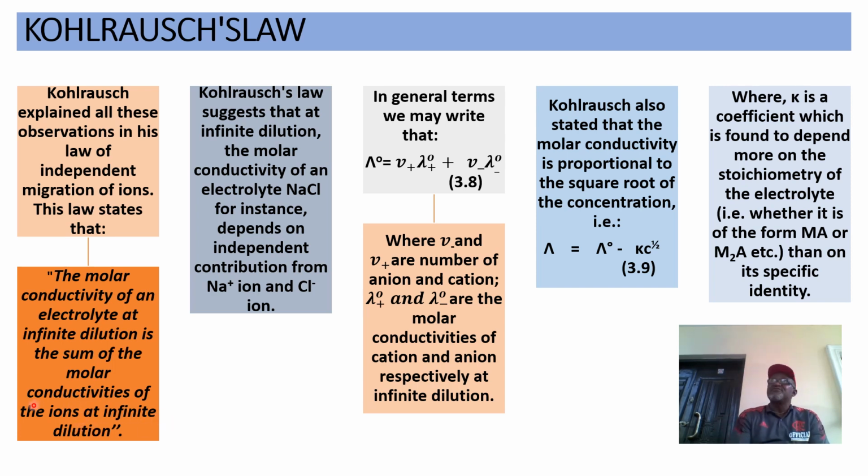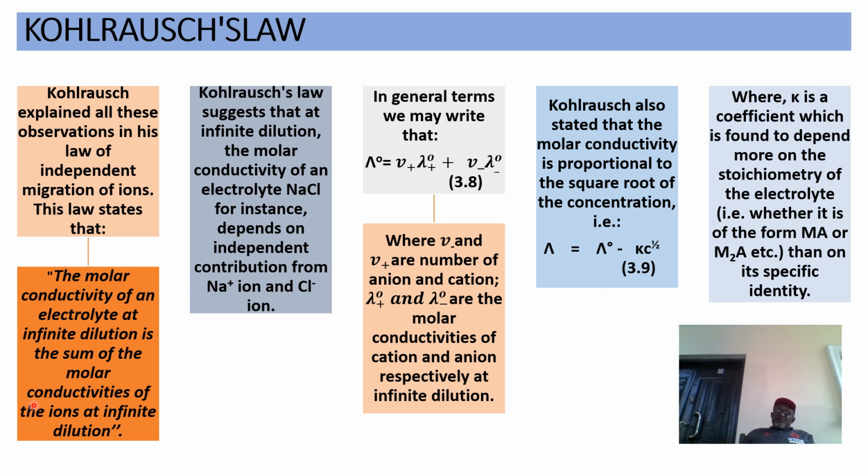So if you have sodium chloride, for example, and okay, let's say sodium chloride is not a weak electrolyte. So if you have acetic acid, for example, as a weak electrolyte, when it ionizes, you now get the hydrogen ion and the acetate ion.